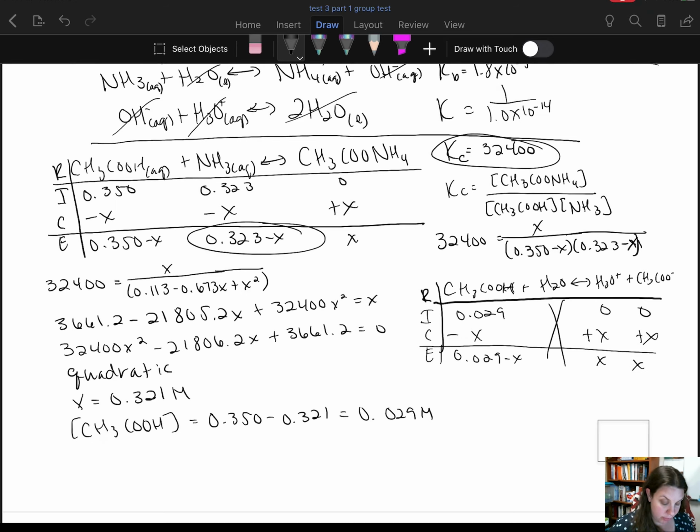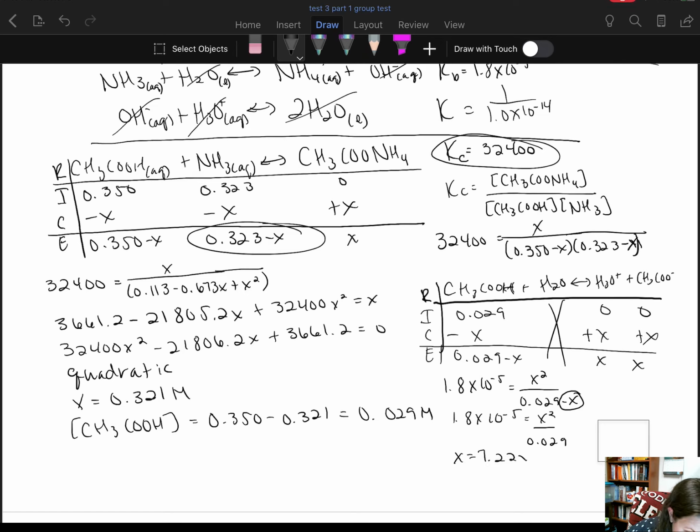And then we're going to put this into our Ka expression. 1.8 times 10 to the negative 5 is equal to x squared divided by 0.029 minus x. We're going to ignore that x, giving us 1.8 times 10 to the negative 5 equals x squared divided by 0.029. And we get an x value equal to 7.22 times 10 to the negative 4.